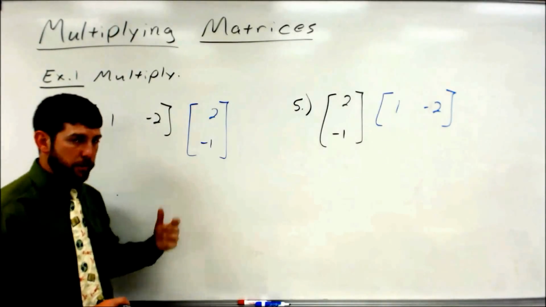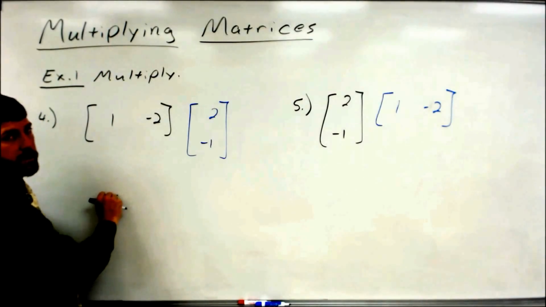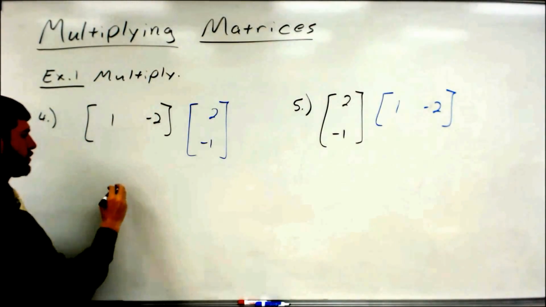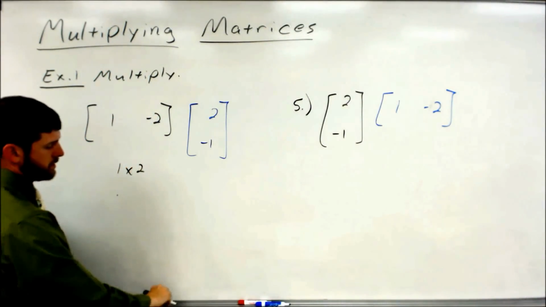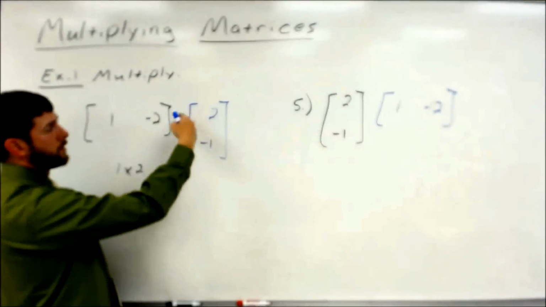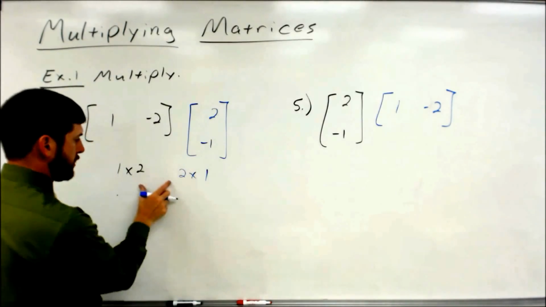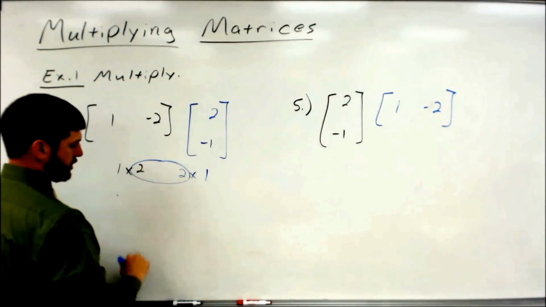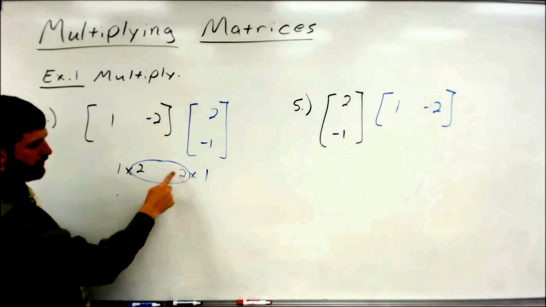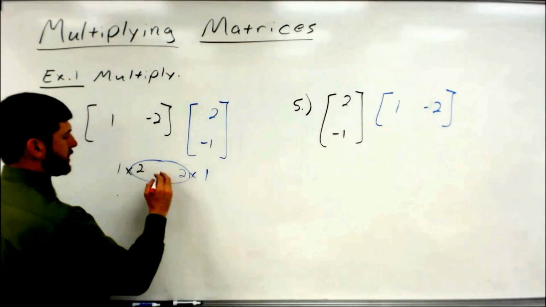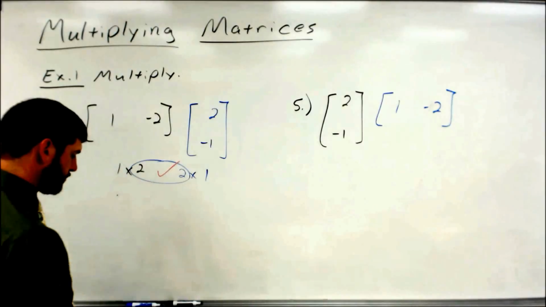First, let's identify and see if we can multiply. So what are the dimensions of this first one? 1 row, 2 columns, so a 1 by 2 matrix. The second one, 2 rows, 1 column, so a 2 by 1 matrix. Inside numbers match. Number of columns from the first matches the number of rows from the second, so yes, we can multiply.